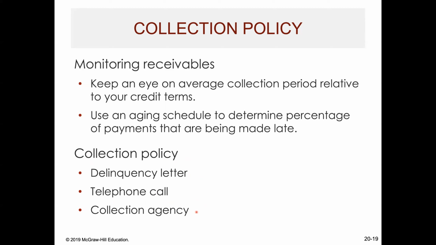What typically happens with a collections agency is they will be able to get a percentage of what is outstanding. Finally, you can take legal action. Hopefully you don't ever have to get here. If you've had a good credit policy and made good credit decisions on whether or not to grant credit to customers, you'll rarely have to make it to this legal action phase.